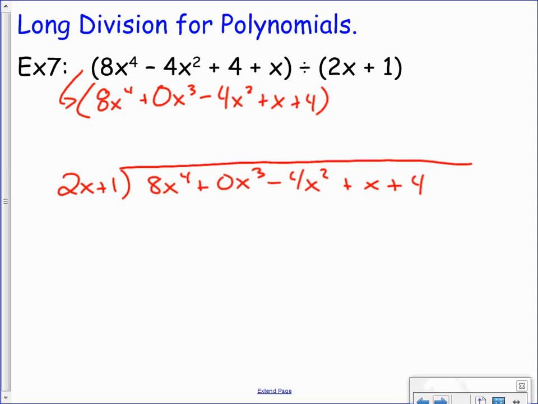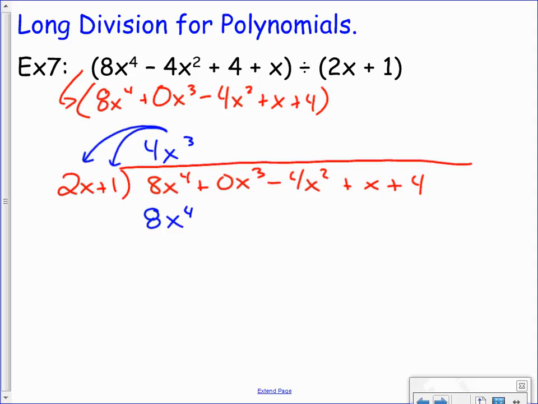All right. Just look at the front. 2x to get to 8? I need a 4. 4x to the... Okay. This becomes 8x to the fourth. 4x to the third times 1. And where would I have put that if I didn't have an x to the third?